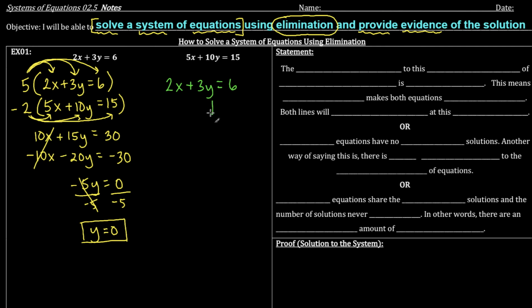The y is 0, so 2x plus 3 times 0 equals 6. 3 times 0 is 0, so I can just cross it out. And we get 2x equals 6, divided by 2, and x equals 3.